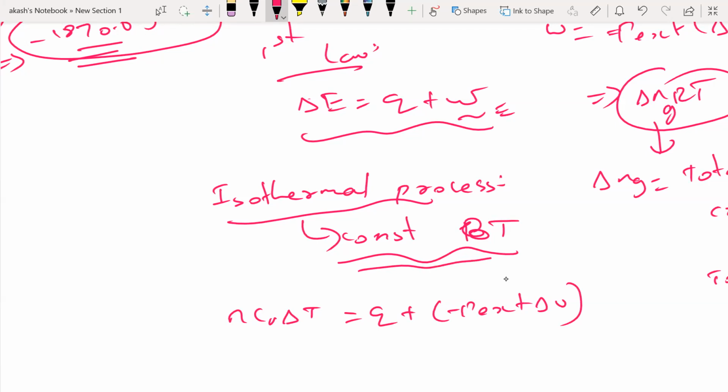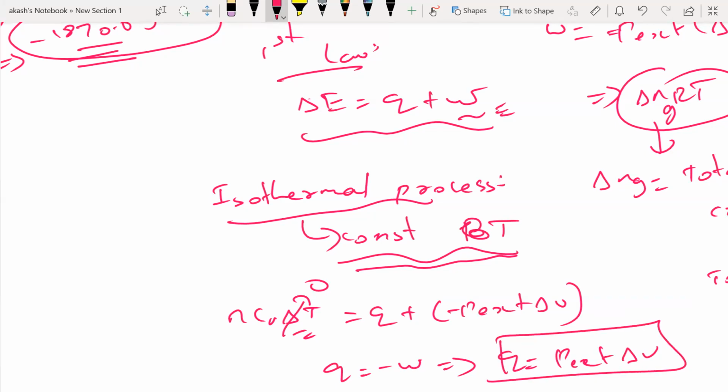Now, if it is going to be at constant temperature, can I say delta T is equal to 0? Yes, because the temperature is not changing. There is no change in temperature at all. So I can directly write Q is equal to minus W, or Q is equal to P external del V. If they tell you isothermal process, we have to understand that it is a constant temperature process, and delta T is going to be 0.